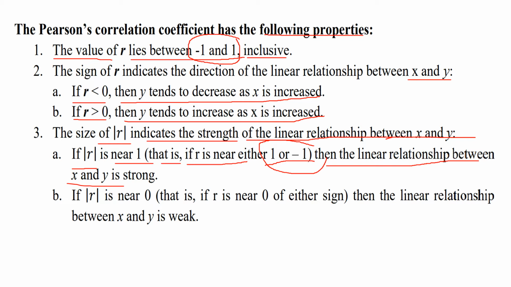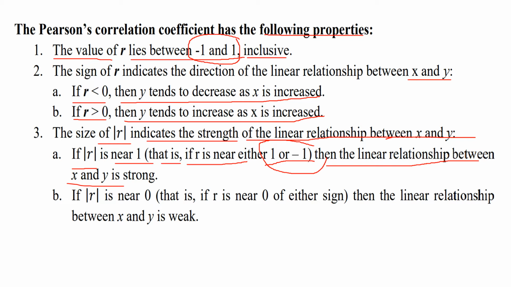So if the absolute value of your r is near 1, then the linear relationship between your x and y is strong. That will be our summary for this letter A. If the absolute value of r is near 1, regardless of its sign, because we're looking only for the absolute value of r.